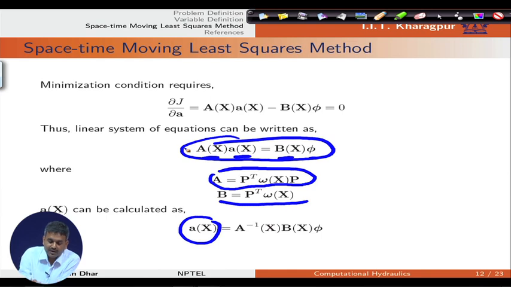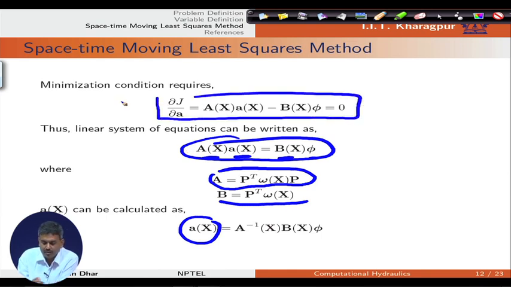So, the minimization condition we need to equate to 0, and from that we get the next level expression, which can be further calculated explicitly with the polynomial basis.